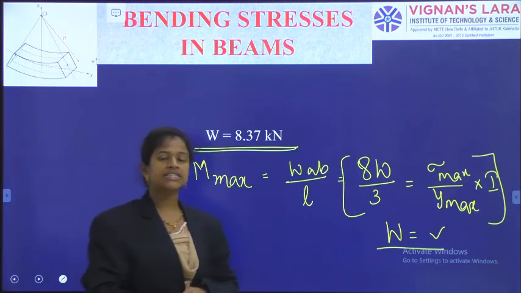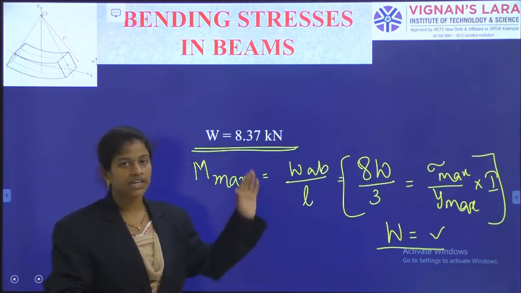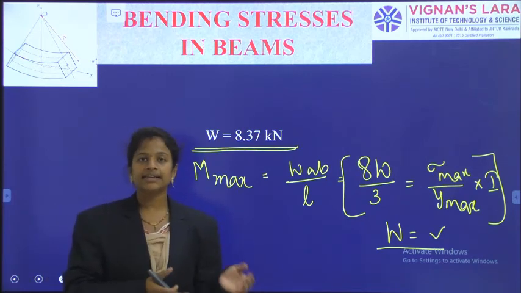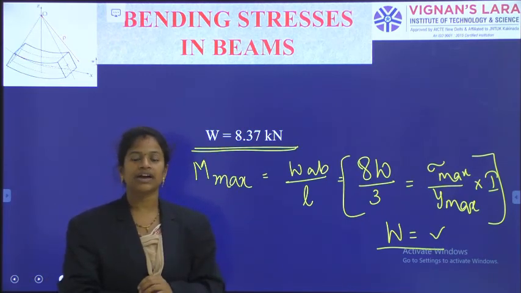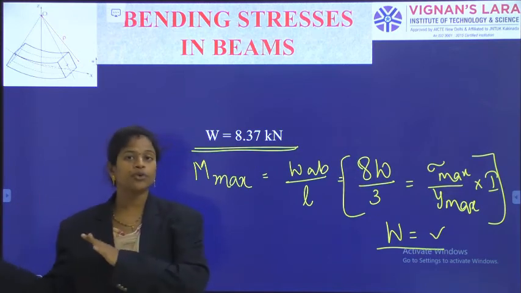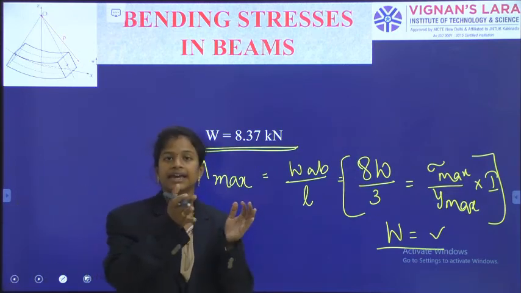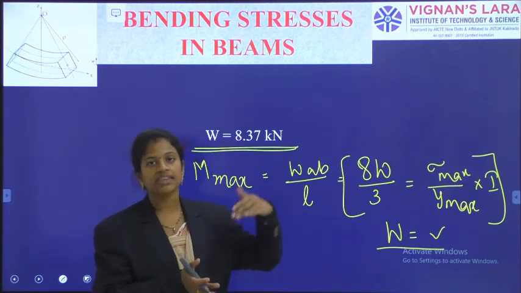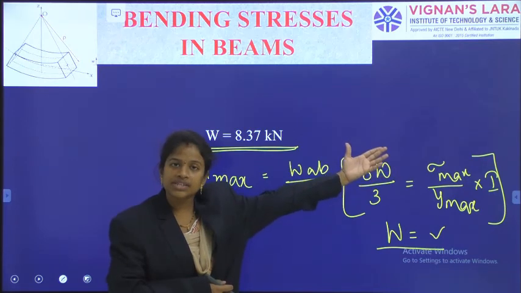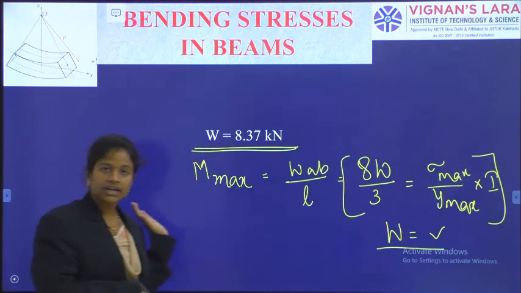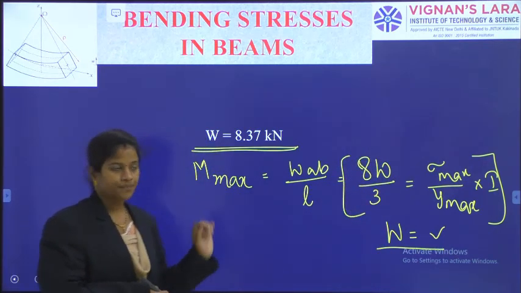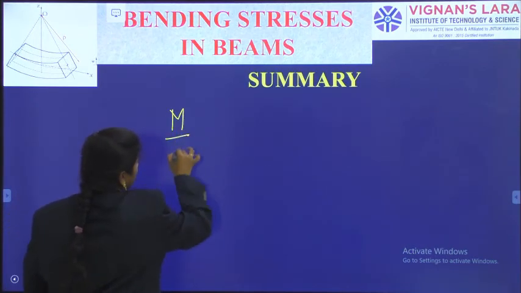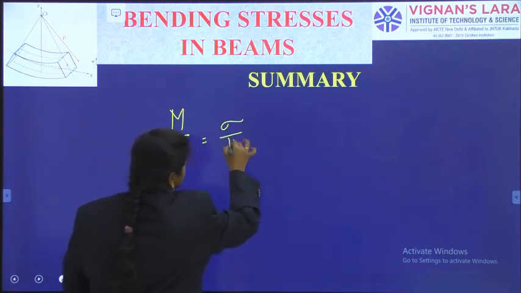In the next class we will go into the next concept. Till now we have considered symmetrical sections like a square, a rectangle, or a symmetrical I section, and calculated the bending stress. Using the pure bending theory concept, I am calculating either M or sigma max. Again, that M or sigma max I am using in the next step to compare with the maximum bending moment we are getting. So in this way we are completing M by I is equal to sigma by y.